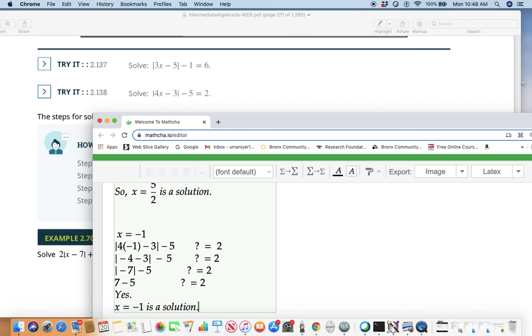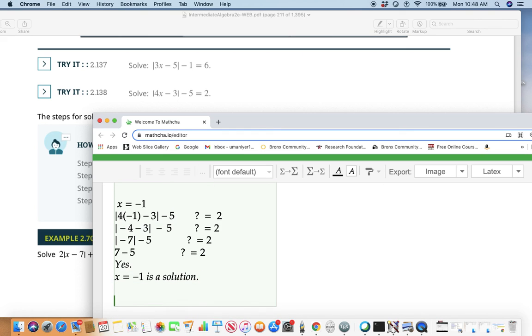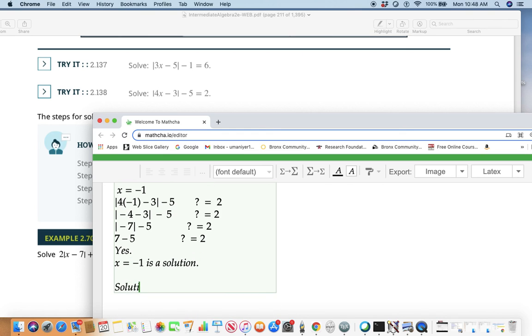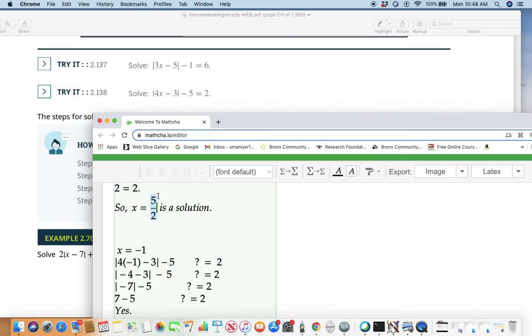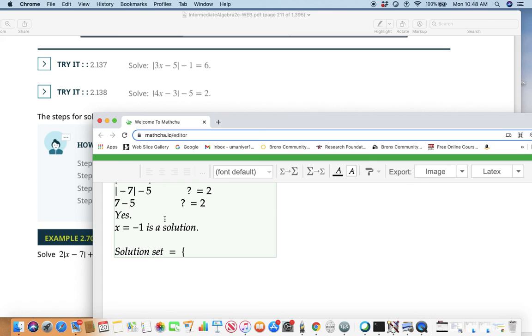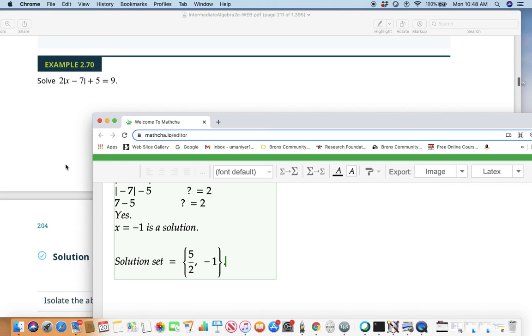So we had two proposed solutions and they are both solutions. So the solution set is, it is a set, that's braces, 5 halves and negative 1. Okay, so there are two solutions to your problem. Okay, let's continue in our next video.